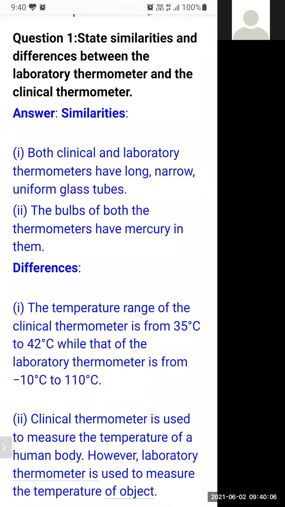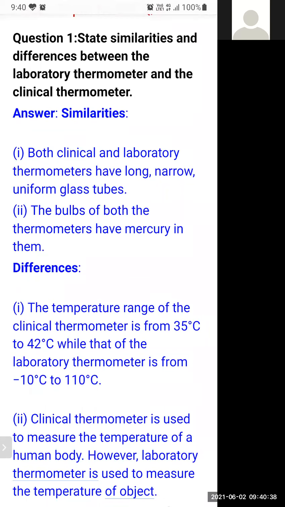What is the meaning of range? Range means from where to where we can measure the temperature. With a clinical thermometer, we can measure the temperature from 35 degrees Celsius to 42 degrees Celsius only. Within this limit we can measure.